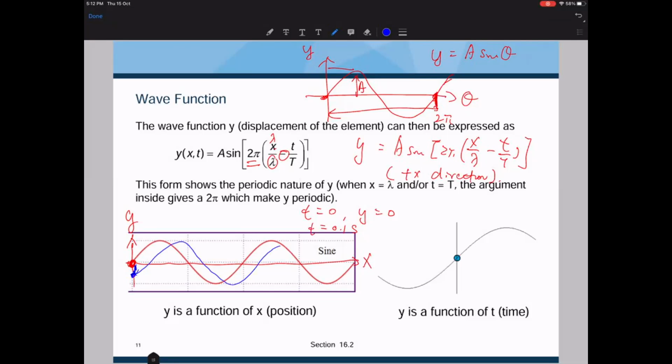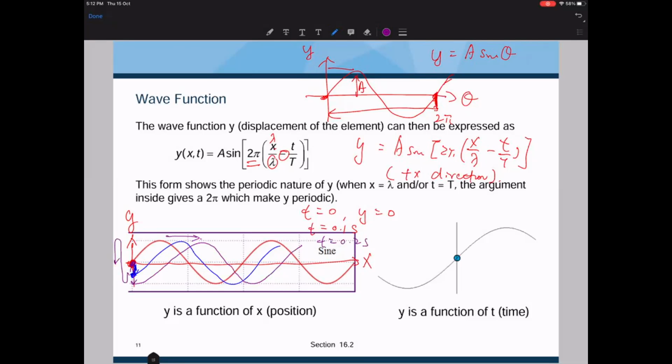A slightly longer time from that, t equals 0.2 seconds, it becomes like this. So you see the wave is moving from left to the right, but the particle at the position x is moving downward first before it comes back up and down.